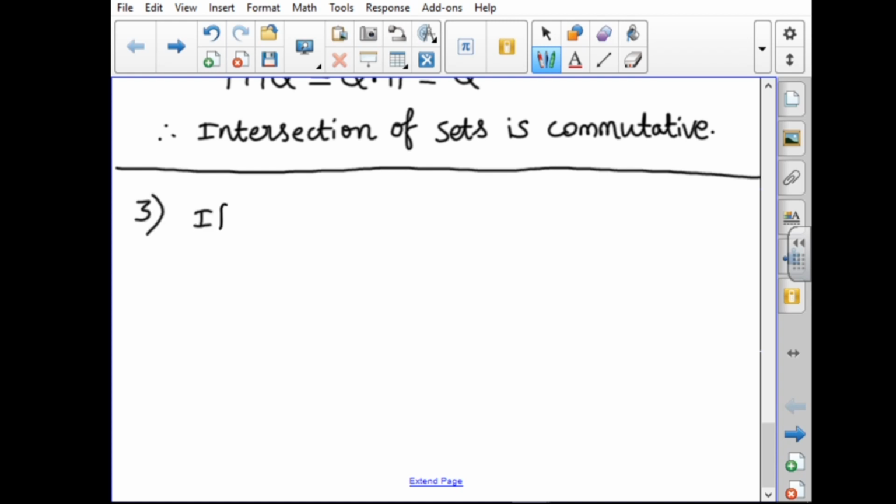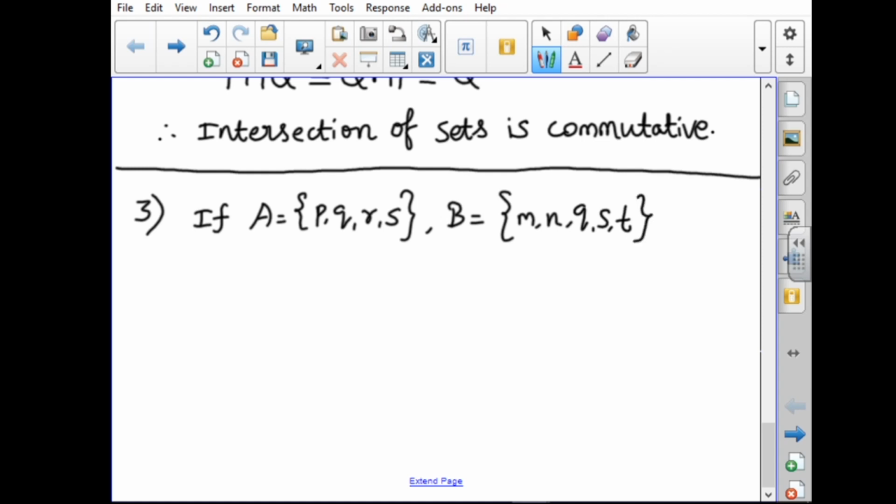If A is equal to {P, Q, S}, then B is equal to {M, N, Q, S, T}, and C is equal to {M, N, P, Q, S}.